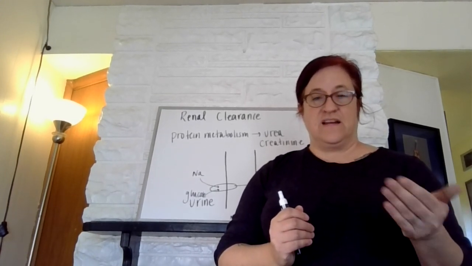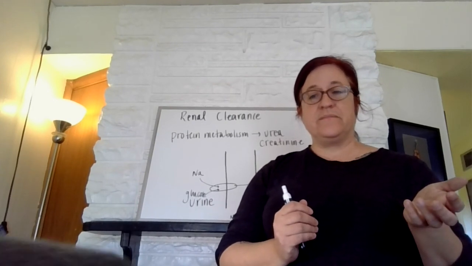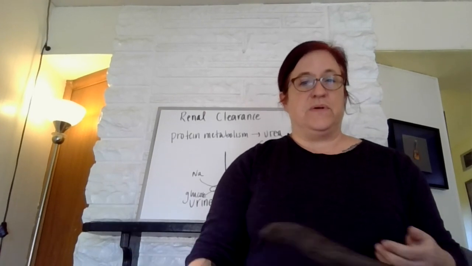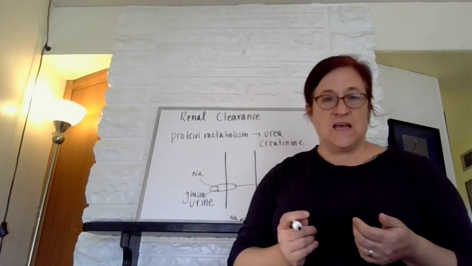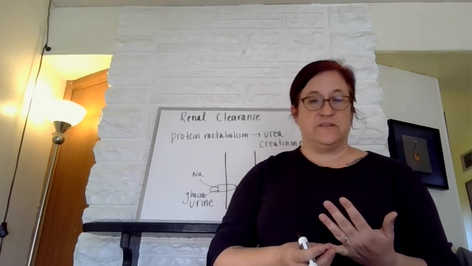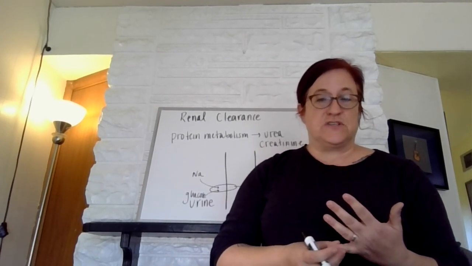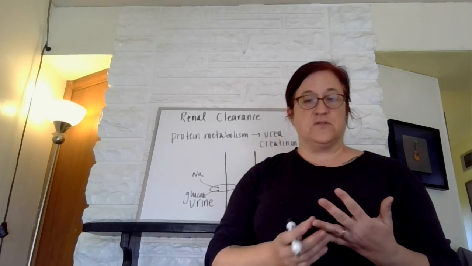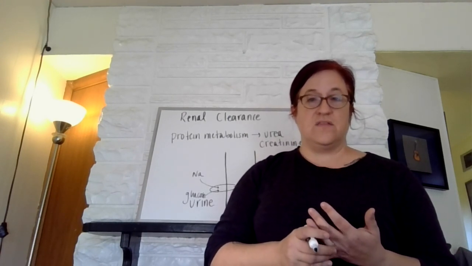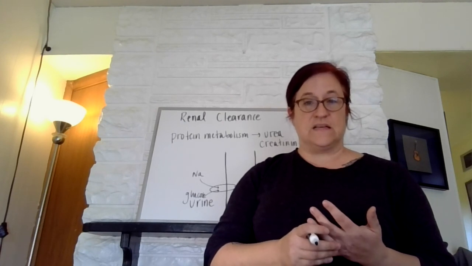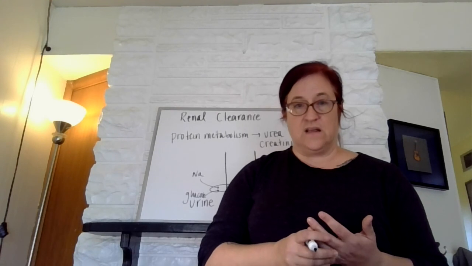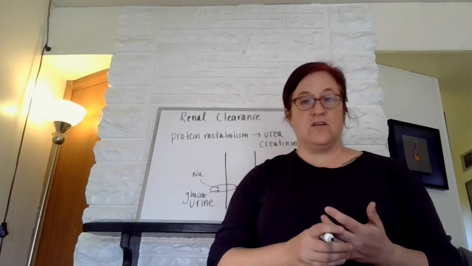So you could have an elevation in BUN because you're breaking down red blood cells, which means extra protein products in the bloodstream, but the kidneys, especially in the beginning, might be working just fine. So creatinine is a really good way to measure how well the kidney is clearing substances, because pretty much all of the creatinine should be leaving in the urine effluent.